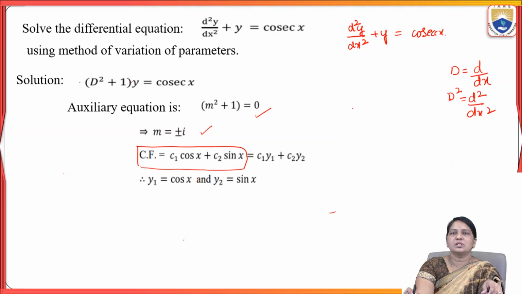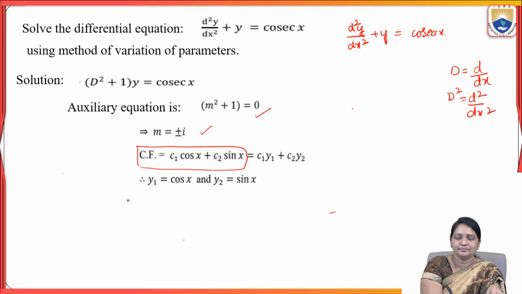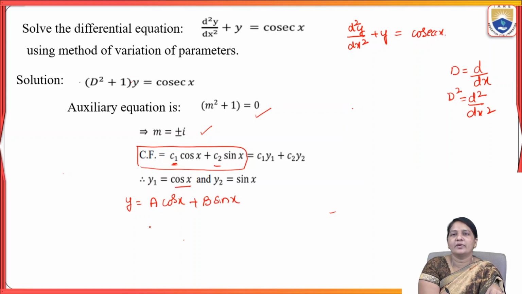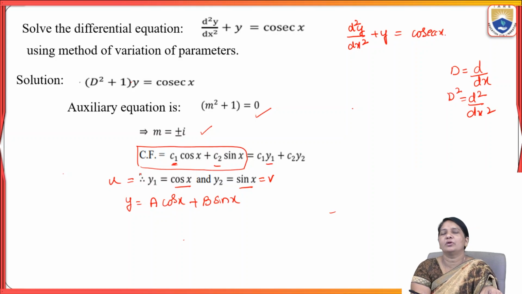Here, using this form, we assume y equal to, in place of C1, some a into cos x plus, in place of C2, b sin x. So here cos x is y1 and sin x is y2. Otherwise you can take this as u and this as v, that is, u equal to y1 and v equal to y2. So this is the first step completed.